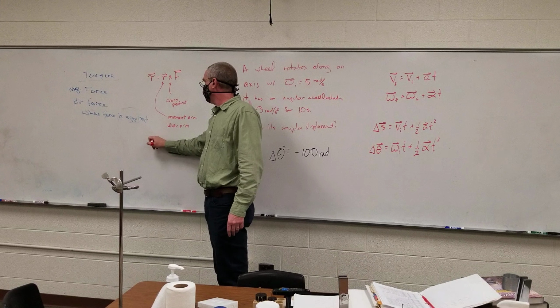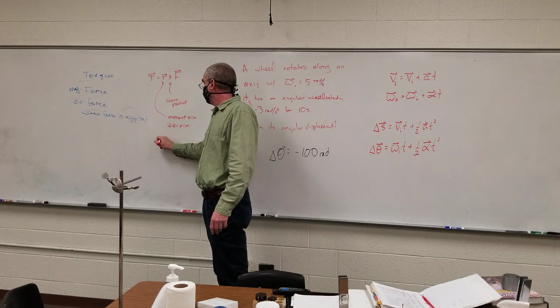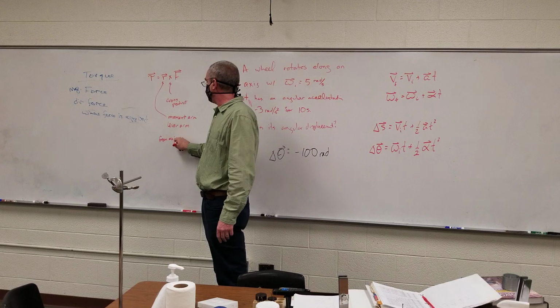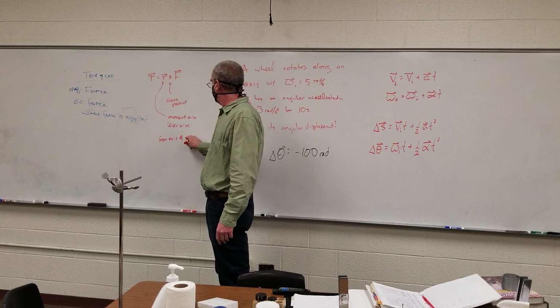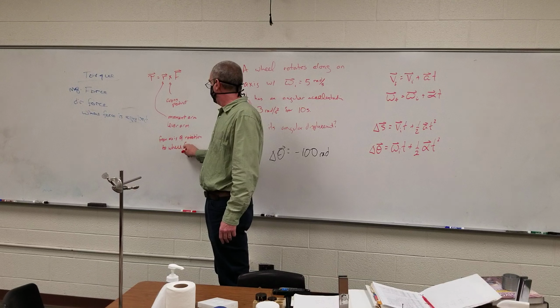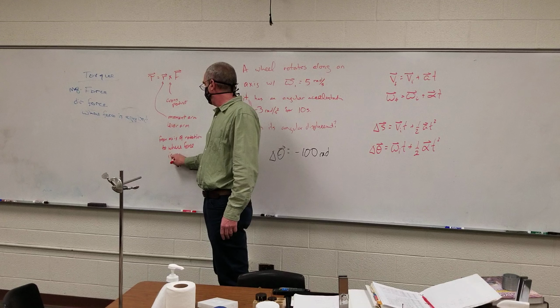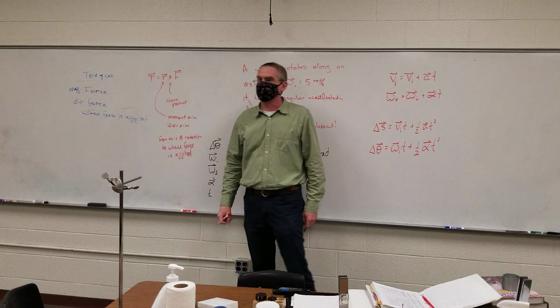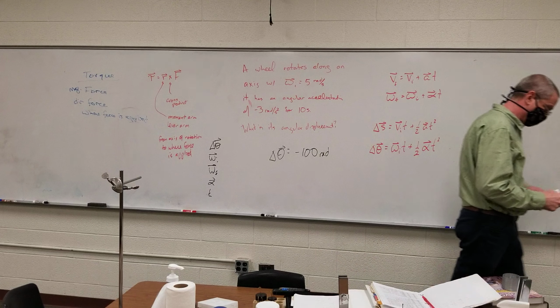It is a vector, thus the symbol for a vector, from axis of rotation to where force is applied. And then force, I'm hoping you're somewhat familiar with what a force is.